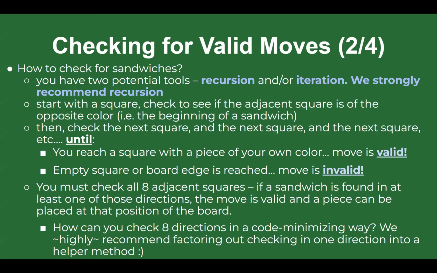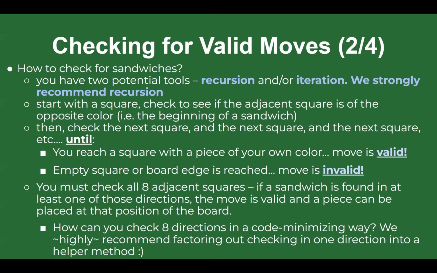So we're going to start with a square, and we're going to check to see if the adjacent square is of the opposite color. If it is, it means we have the potential for a sandwich, right? Then we keep going in the direction where we found the opposite color square, and we check the next square, and the next, and the next, until one of two cases.